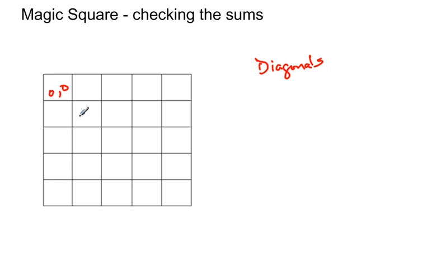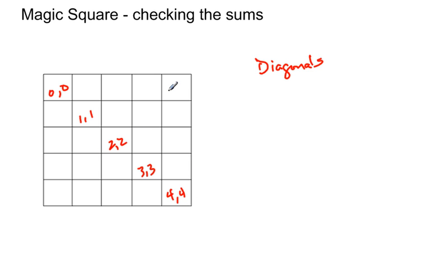It's 0,0; 1,1; 2,2; 3,3; 4,4. And you don't actually even need a nested loop because those numbers are all the same and you add those all up.